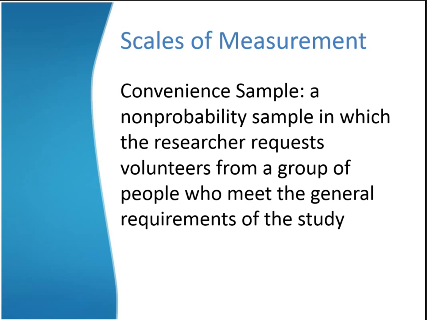And a convenience sample is simply one where the units of the population that are selected for inclusion are the easiest to access. So this is very different than the probability sampling techniques where the selection of units is made randomly. In convenience sampling, it's all about easy access.